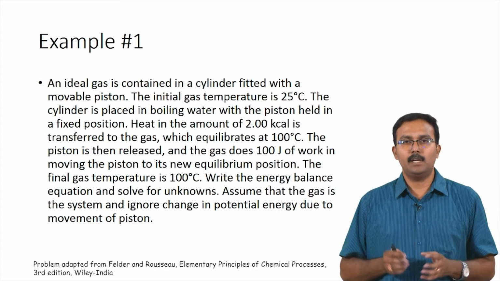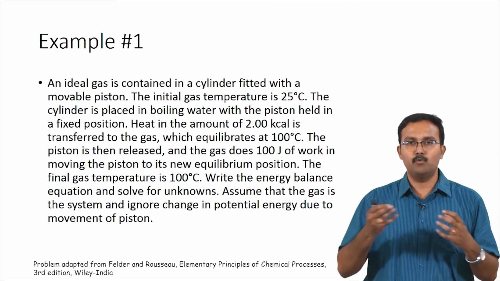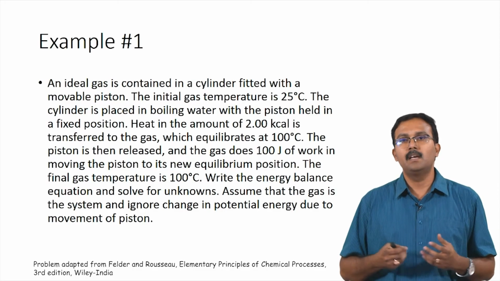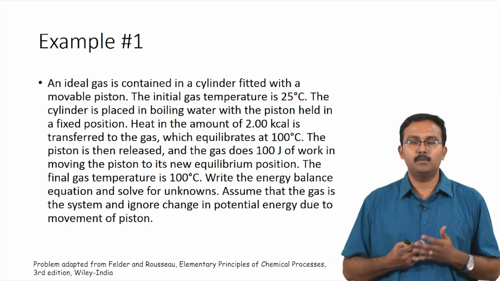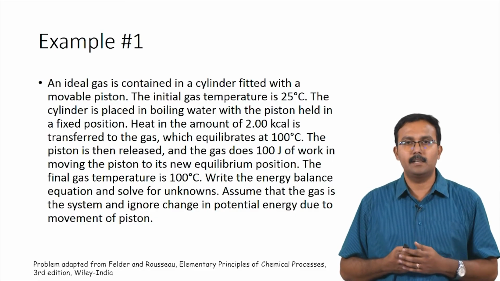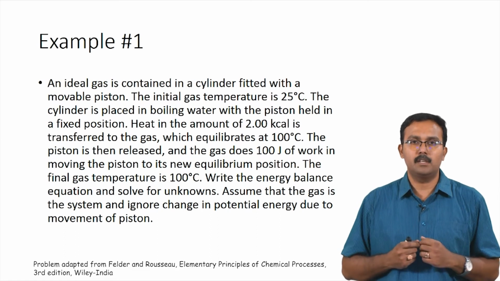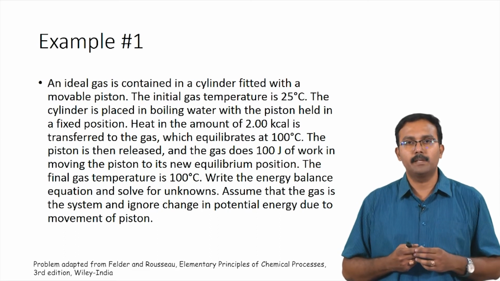So, if you were to look at this problem, what you have is an ideal gas trapped inside a cylinder with a movable piston. The first step is heat being transferred to the system, so that the temperature of the gas rises from 25 degrees Celsius to 100 degrees Celsius, and the volume remains constant because the piston is not moving.